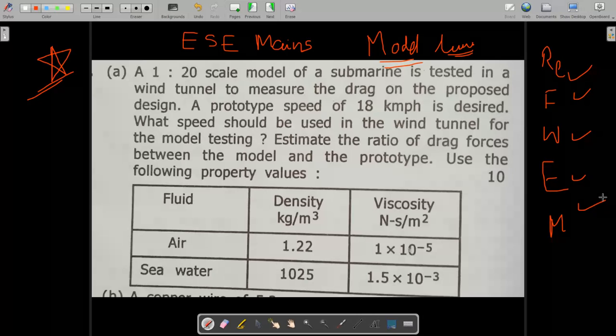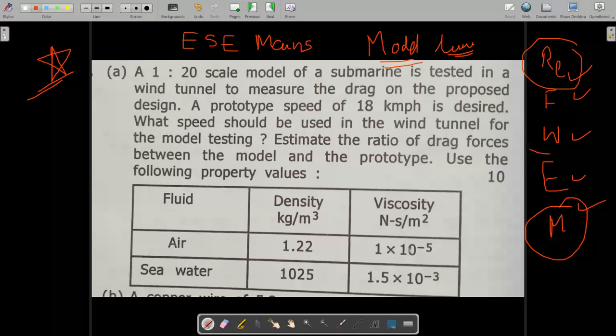Otherwise, there is no thumb rule, like if there is a problem on aeroplane testing or submarine or ship testing or torpedo, then use Reynolds or Mach. In some books it is written, but it is a generalized form. For aeroplanes and ships, we use Reynolds model law or Mach model law.